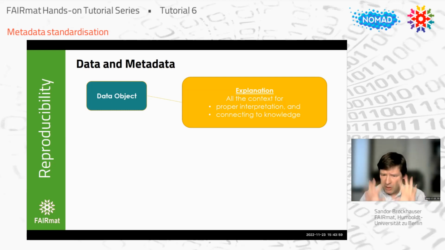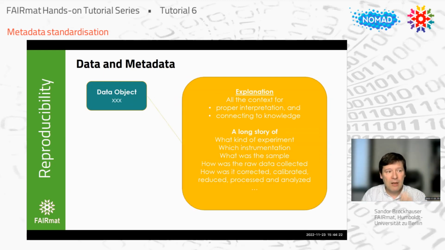But first, let's start with an abstract. What is a data object? We have a data object, which we just measured, for example, as an experimental object, and we have to explain what it is. We have to provide all the context for its proper interpretation and for connecting it to knowledge. So if this data object is something I measured, like the data object XXX, I have to explain it properly.